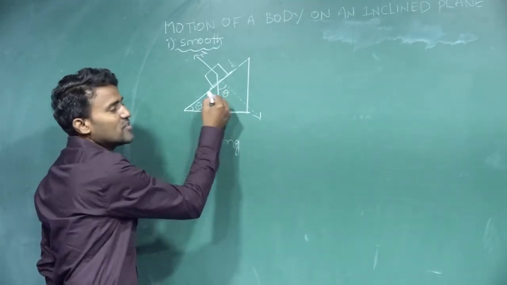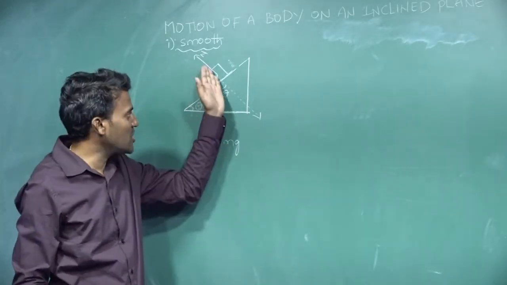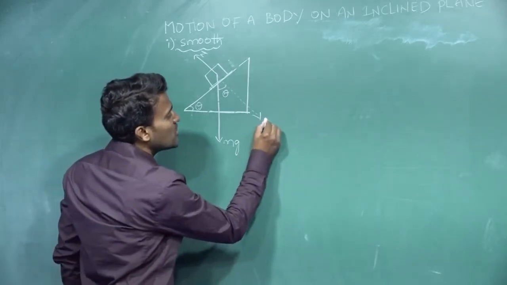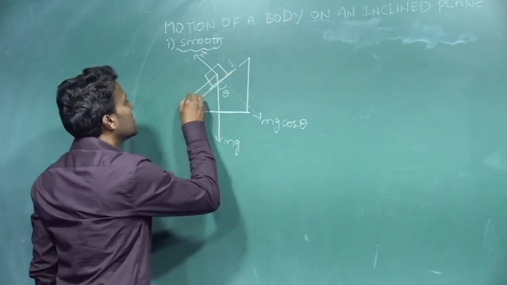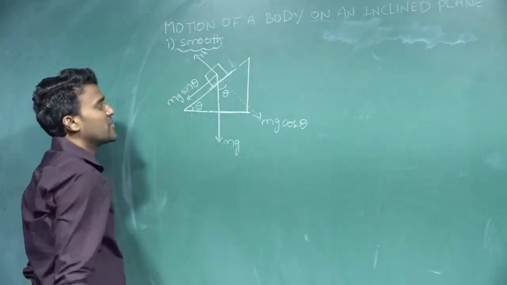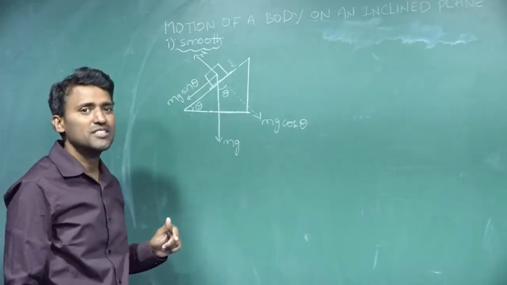These two angles are always the same. Now mg can be resolved into two components: the component along the plane is mg sin theta, and the component perpendicular to the plane is mg cos theta.